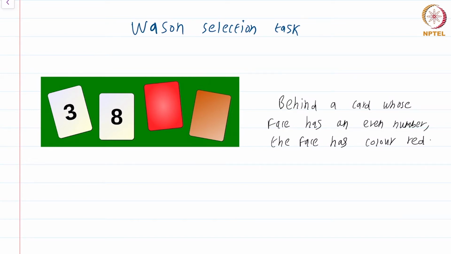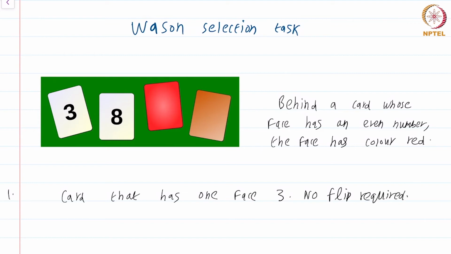I'm going to solve this question in excruciating detail, step by step. Let's look at the card that says 3, that has one face 3. Is there any need to flip over this card to see whether the opposite side is red in color? No. So this card, no flip required. Why is that?